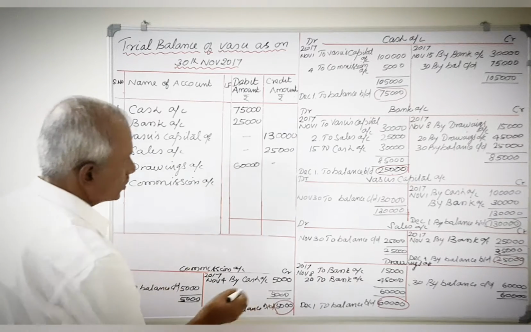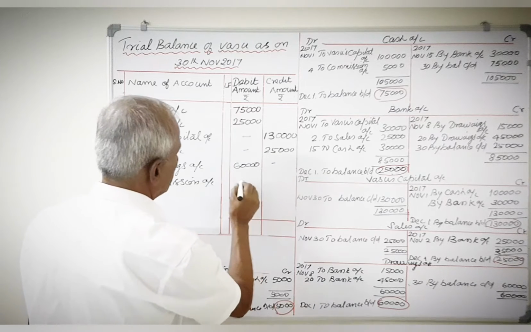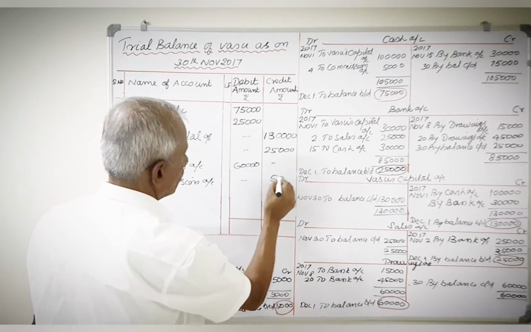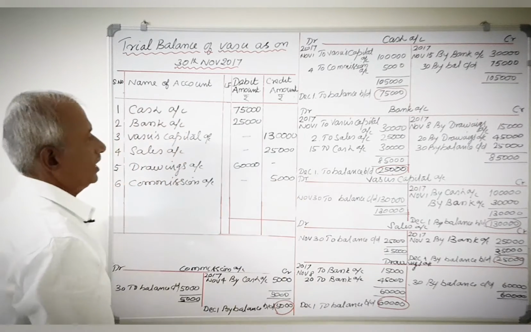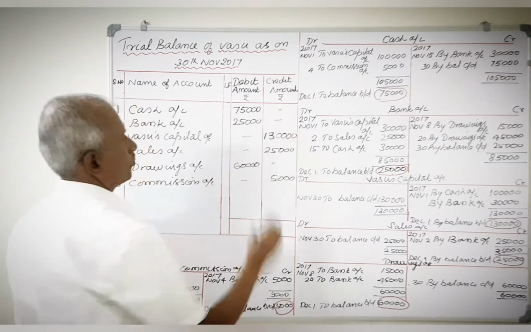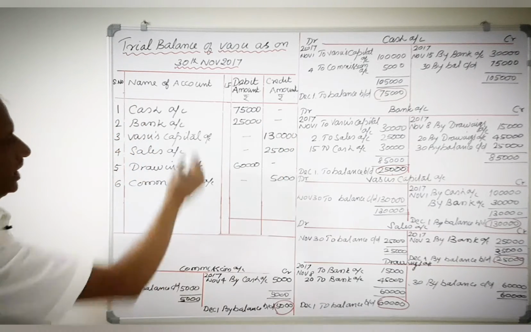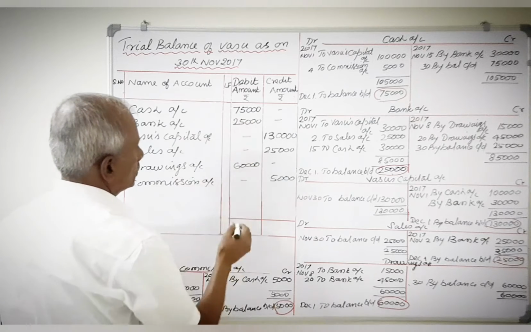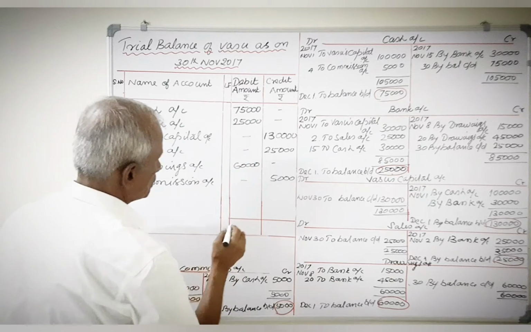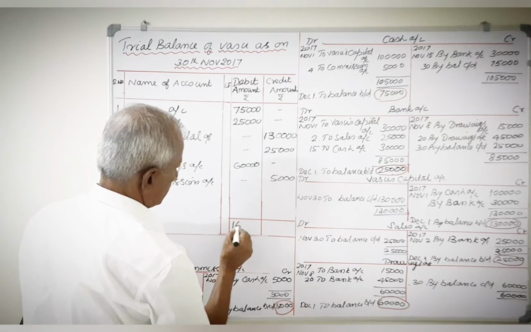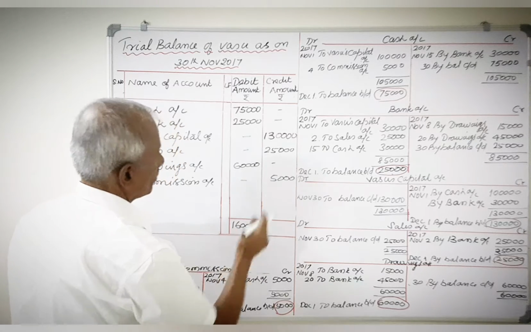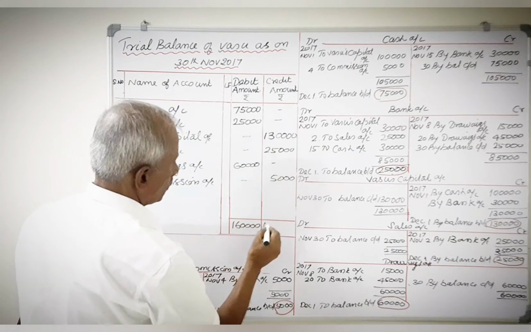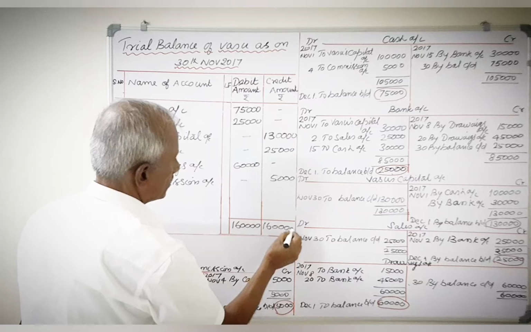Commission account shows a credit balance of 5,000. So let us record it on the credit side of the trial balance. And let us find out the totals. 1,60,000. At this side also 1,60,000 total.